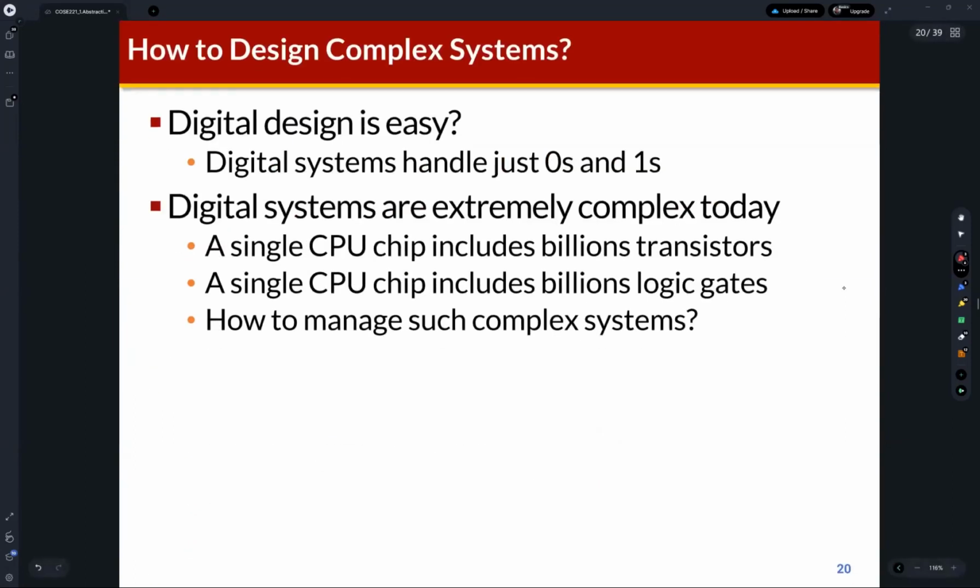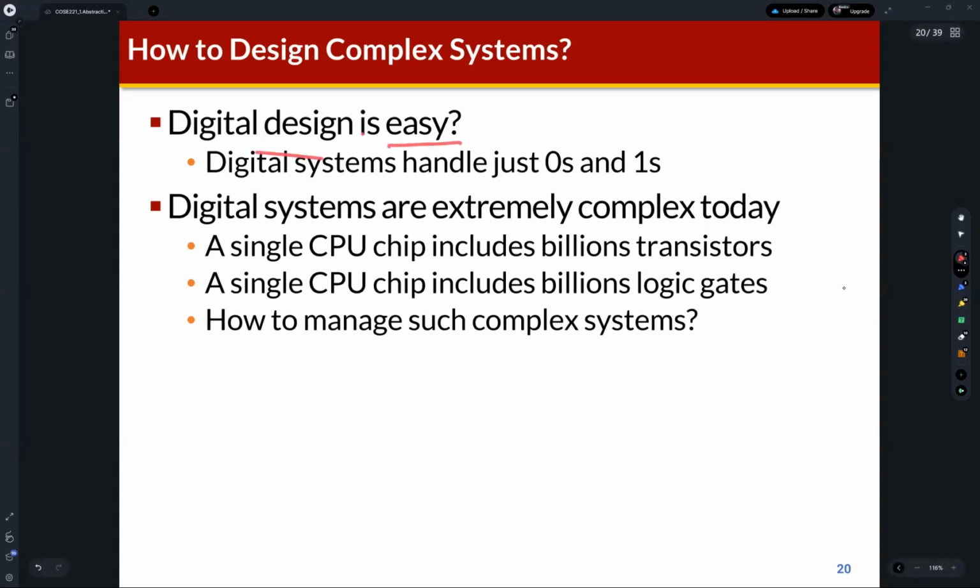Okay, then what does that mean? Why did I mention Moore's law in computer systems or CPU design? I said digital design can be easy.